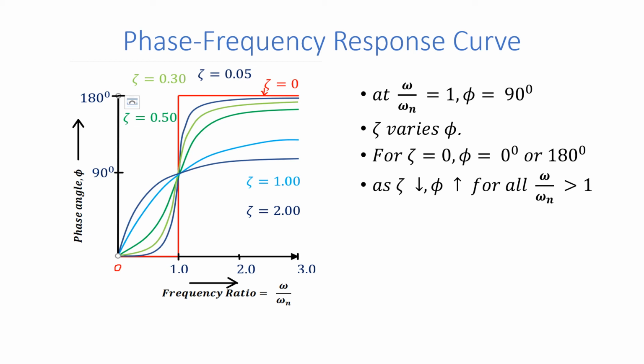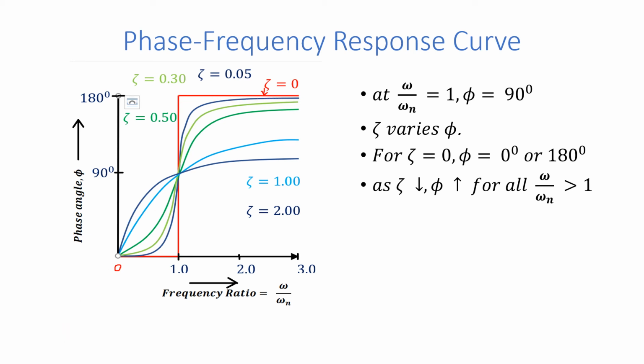What it shows is at 0 damping, phase difference is either, let us first discuss 0. At zeta 0, damping is not there. Phase difference is either 0 or 180 degrees. So it is like this, either 0 or 180 degrees.